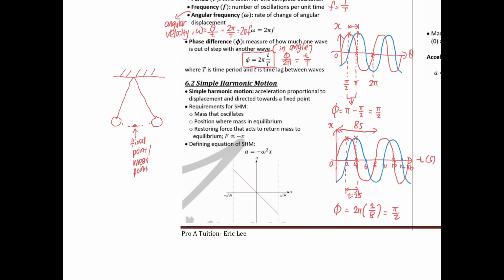Okay, so the simple harmonic motion, the definition here, they talk about two quantities. The first quantity is the acceleration, and they say the acceleration is directed towards a fixed point. So this is the fixed point. So the acceleration is always directed towards the fixed point.